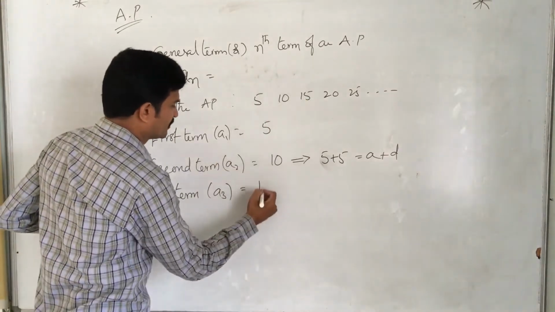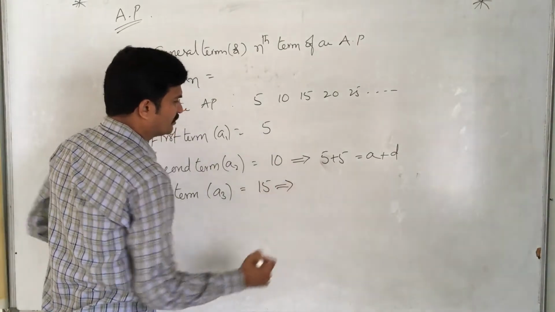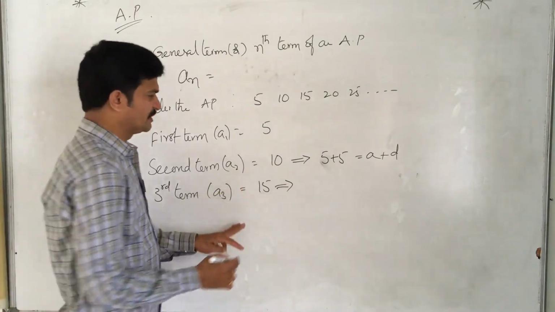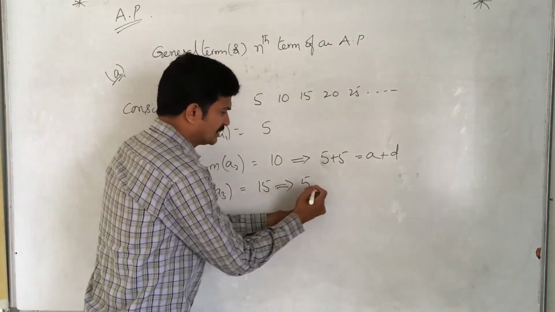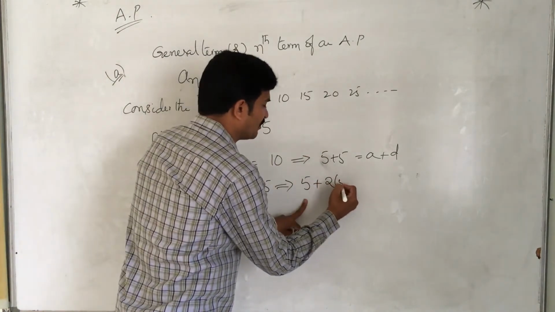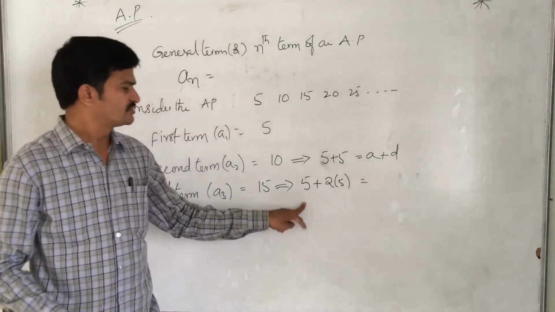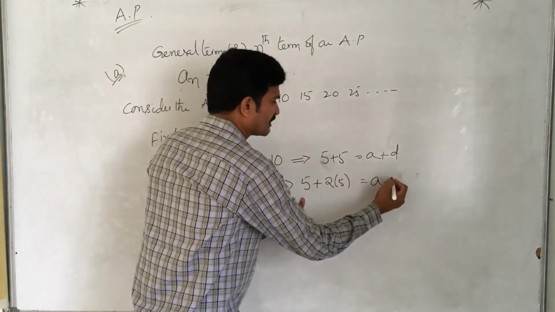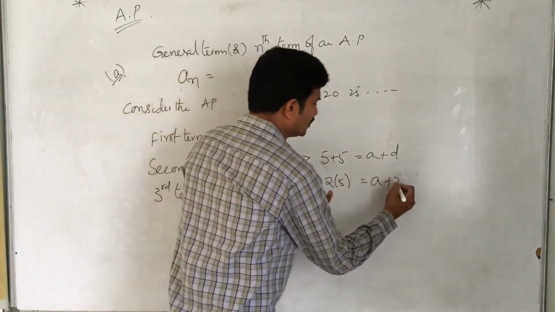Here it is 15. That 15 you can express in terms of A and D only. That means 5 is A, plus 10 is 15. That 10 can be written as 2 into 5, so 5 plus 2 into 5. Now express it: 5 means A, plus 2 into 5 is 2D.